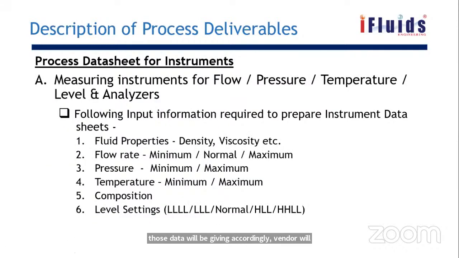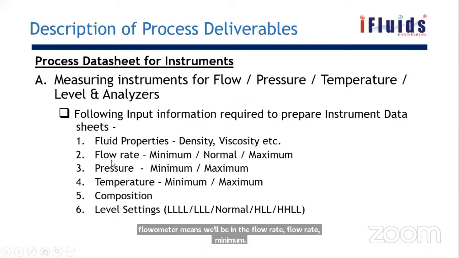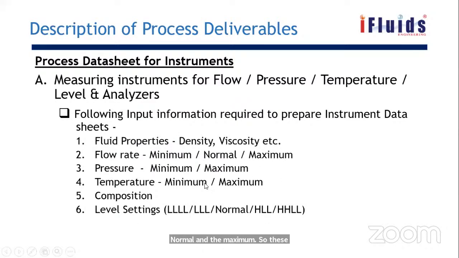And the process data sheet for instruments. For instruments, the fluid properties will be for measuring. We'll be having different instruments like flow, pressure, temperature, level, and the analyzer for measuring the composition. So we'll be giving the fluid properties. For a flow meter, we'll give the flow rate minimum, normal, and maximum. Then the pressure minimum, maximum, and temperature minimum, maximum.